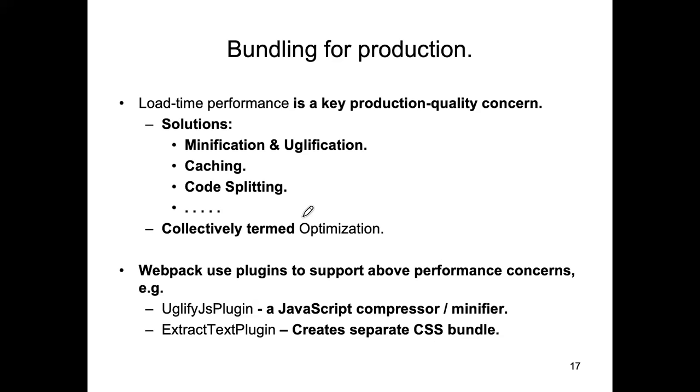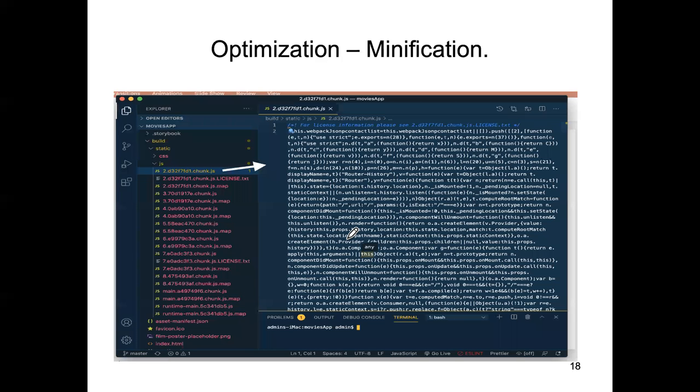Another way of putting what I'm trying to say here is we're trying to optimize the bundling of our web app. That's the purpose of this whole slide, optimization. Now, time-wise, I wasn't really expecting to get through all of these slides today, so I'm not concerned about that.